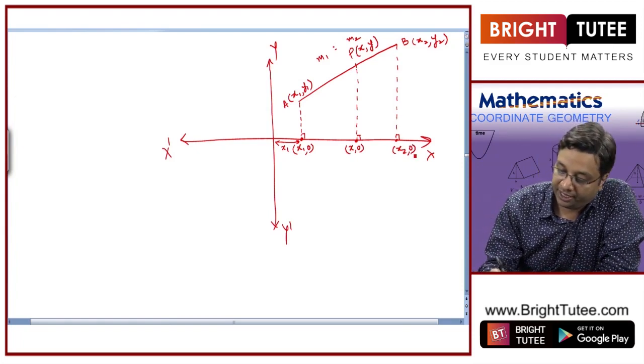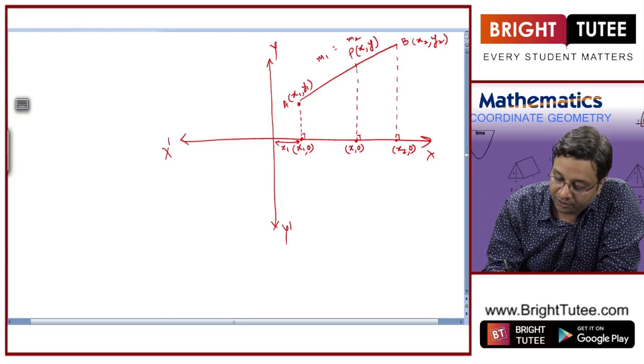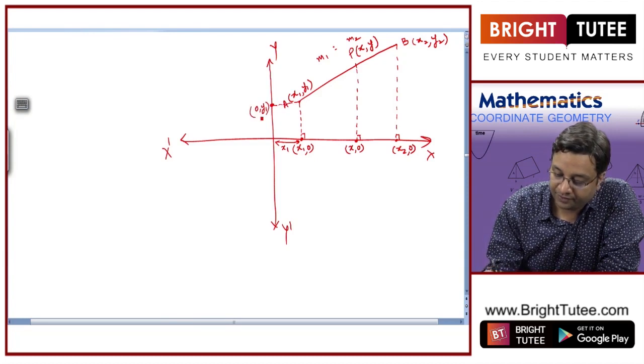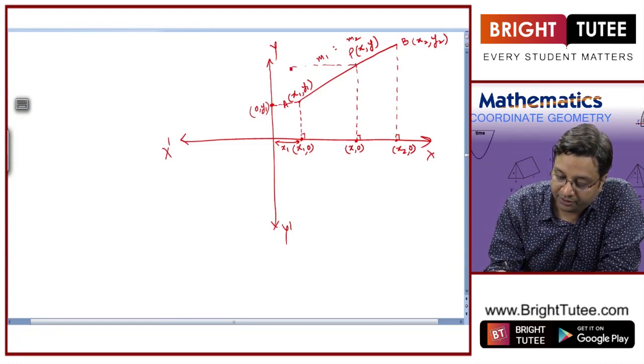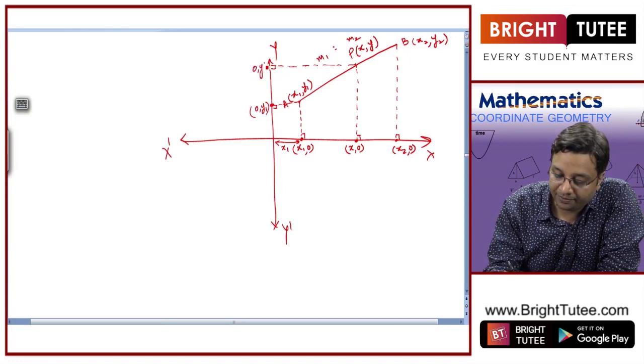And if I drop a perpendicular on the y-axis, the coordinates of this point are 0 comma y1, and this point is 0 comma y. If you extend this and drop a perpendicular from B, this point is 0 comma y2.